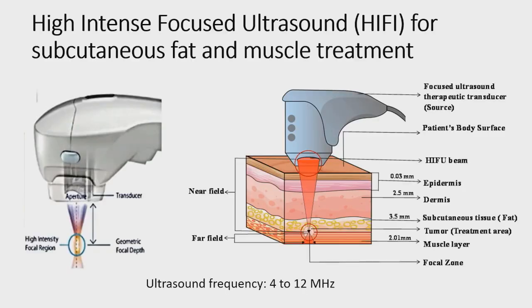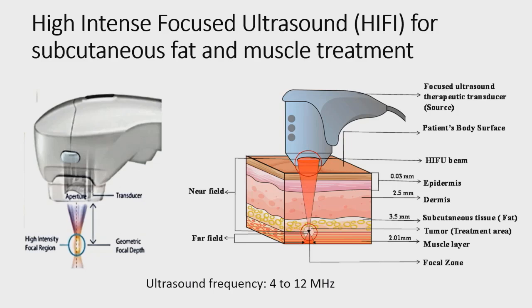And finally, about ultrasound. Ultrasound is much simpler than laser, right? Basically, this transducer is a thin layer of piezo crystal, which you drive with electrical current. By providing electrical current, the piezoelectric crystal vibrates and we generate acoustic energy.